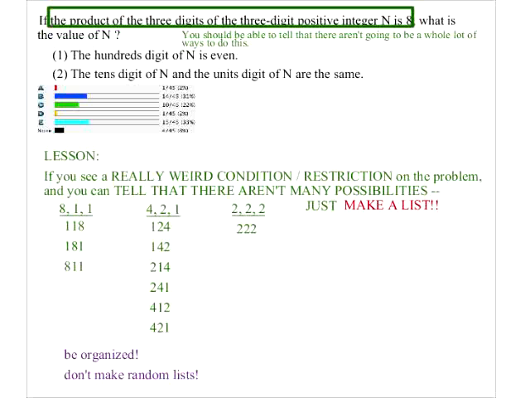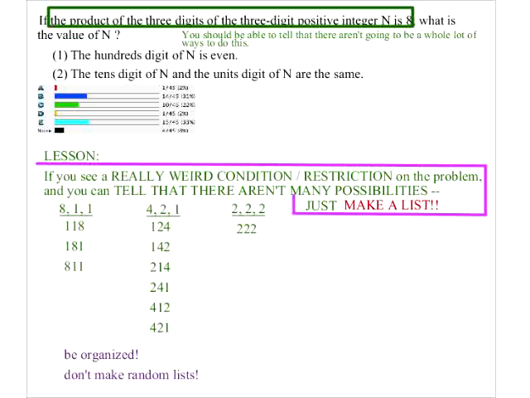With a condition as weird as this, what else are you going to do with 3 digits multiplied to give 8? It's not like you're going to be able to do any traditional math with that. The advantage is, it's a little bit time consuming to make the list, but once you've got the list, you can literally just pick numbers off the list.